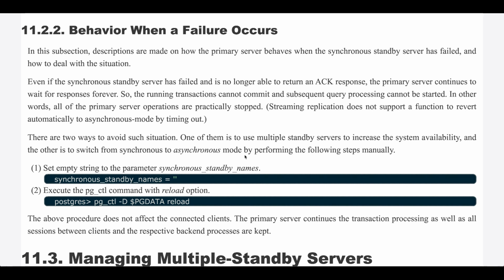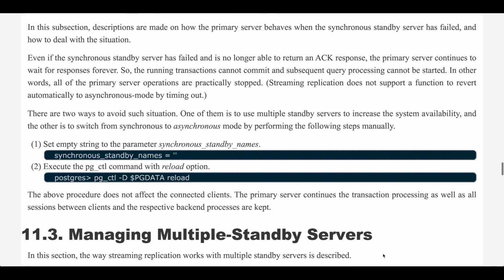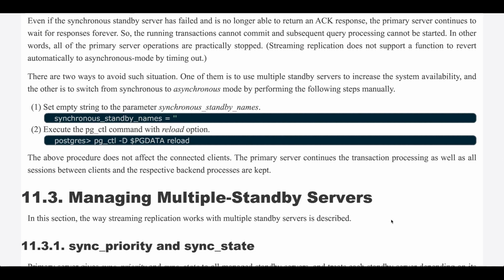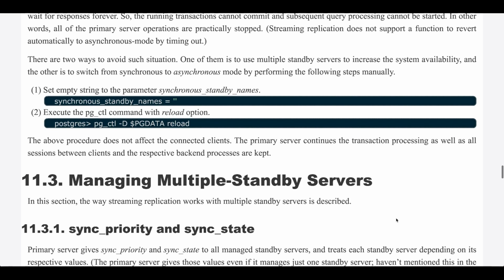And step 2, execute the pg_ctl command with the reload option. The above procedure does not affect connected clients. The primary server continues the transaction processing as well as all sessions between clients and the respective backend processes are kept.